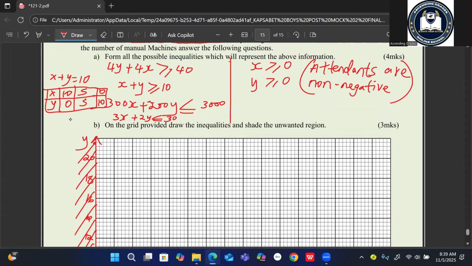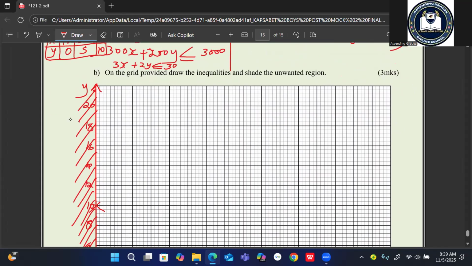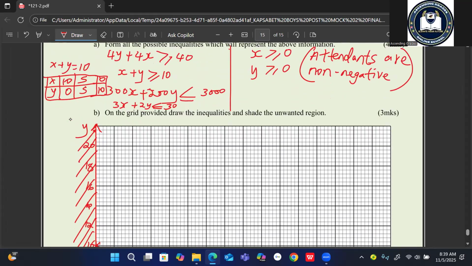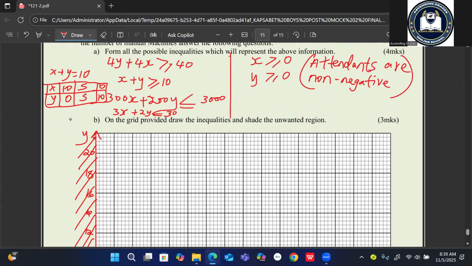Remember, it is a continuous line because it has this equal sign. So when you join the three coordinates, something like that one. So we go to the next one. 3x plus 2y is equal to 30.